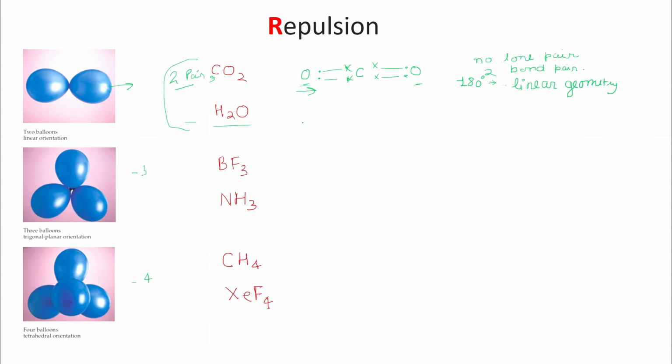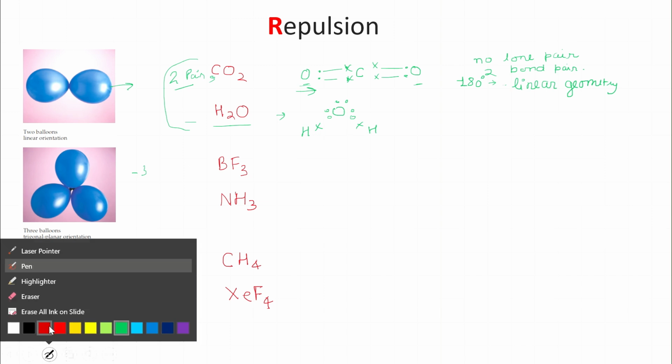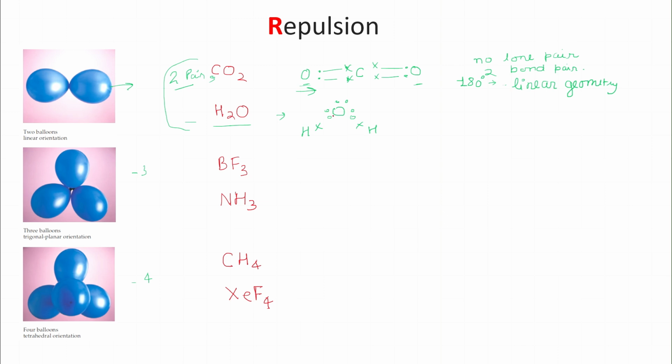So can we go ahead and say water will also have a linear geometry? This remains to be seen. 6 in oxygen. Let's put 1 hydrogen here, 1 hydrogen here, okay.